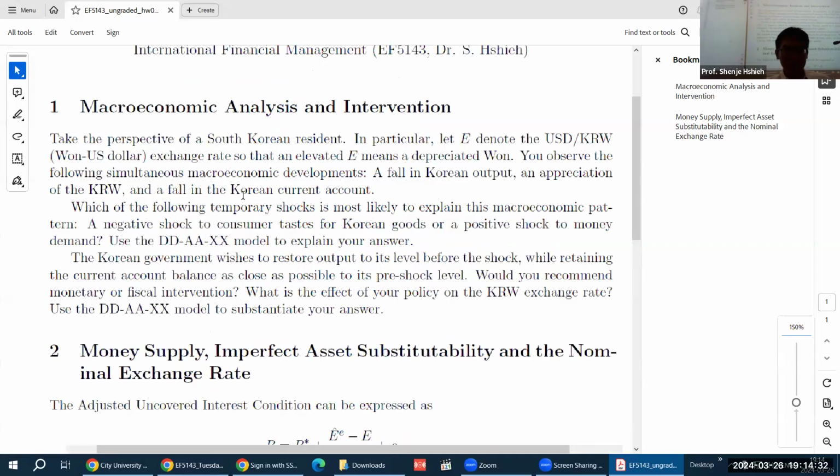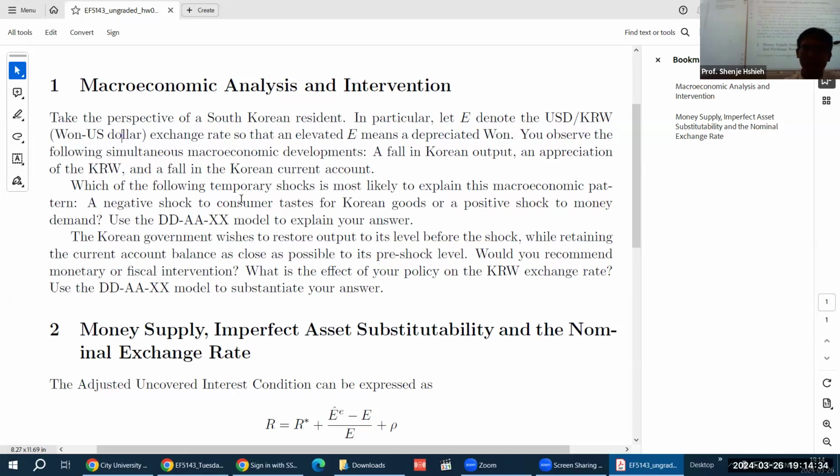So the macroeconomic non-intervention. Take the perspective of the South Korean resident. In particular, let E denote the price of dollars in terms of Korean won. And you observe the following simultaneous macroeconomic developments. Suppose you observe that Korean output falls, and you observe an appreciation of the Korean won, and a fall in the Korean current account.